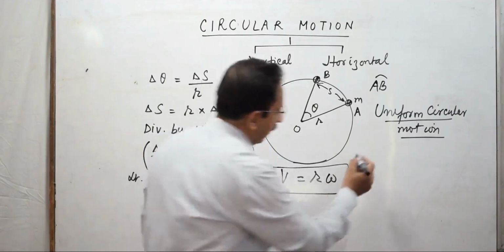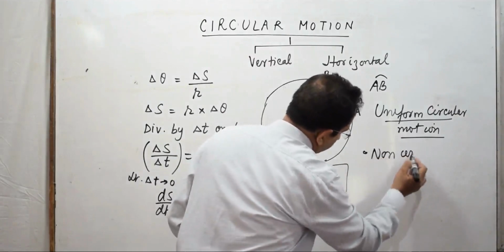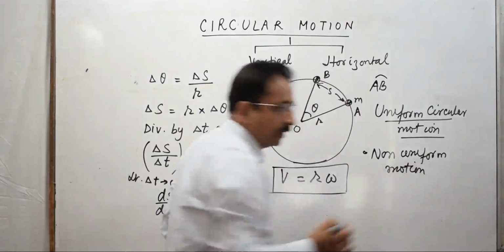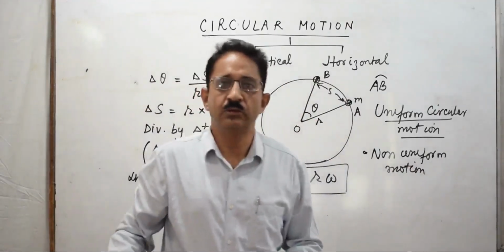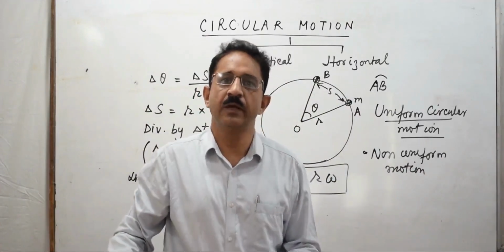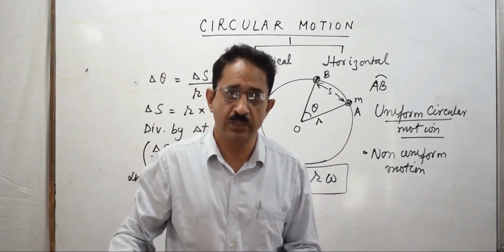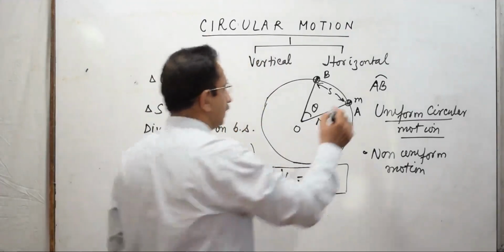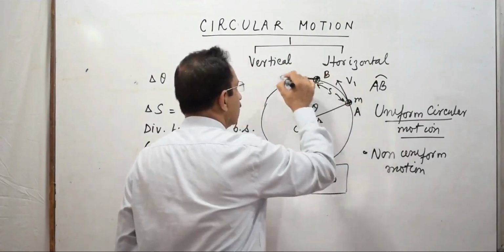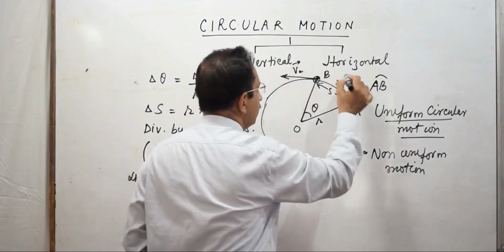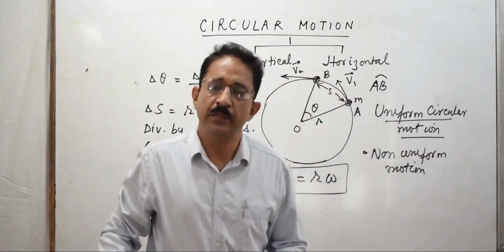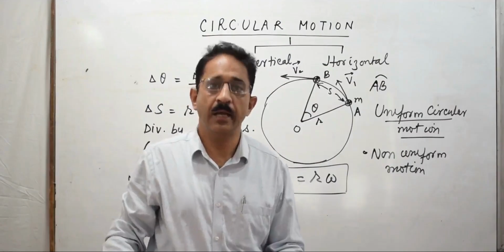It is basically a non-uniform motion because जब हम इस motion में एक velocity की बात करते हैं, velocity object का जो उसका magnitude है, which we call as speed of the body, that speed remains constant, whereas the direction of the velocity goes on changing. So if I take the direction of velocity here, call it v1, here I call it v2, you will agree with me that maybe magnitude wise they could be same. जो v1 का और v2 का magnitude है, that could be equal, but the direction has to change.